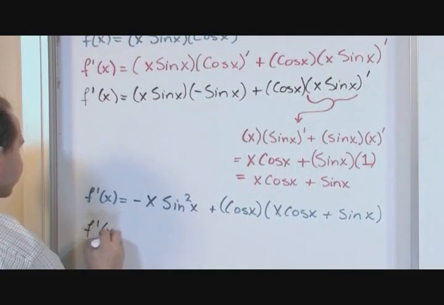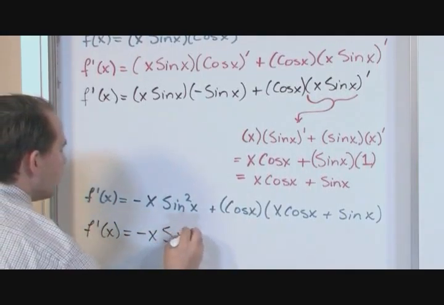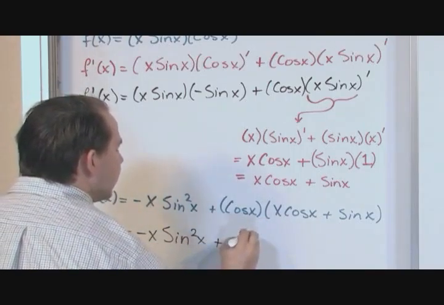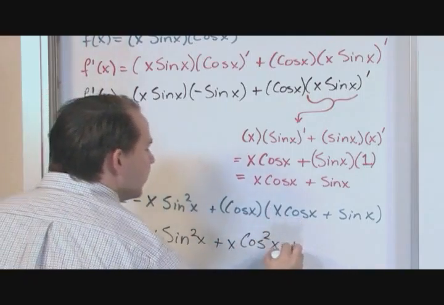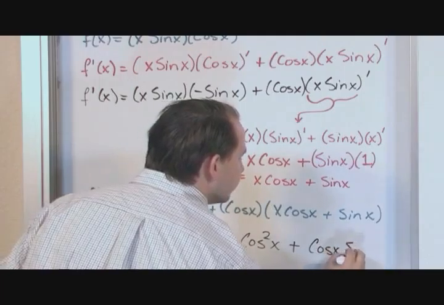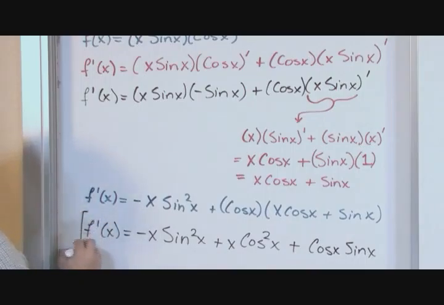F prime of x is equal to negative x times the sine squared of x plus x times the cosine squared of x, because cosine times cosine, plus cosine times sine. Let's just make sure it's correct. So we have negative x times sine squared of x, plus x times cosine squared of x, plus cosine x times sine x, and that is the full answer.